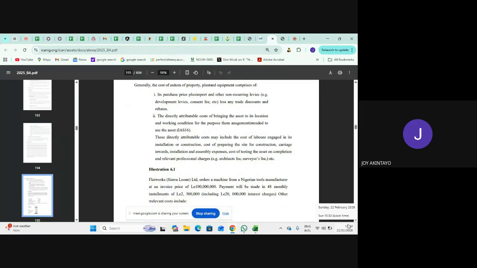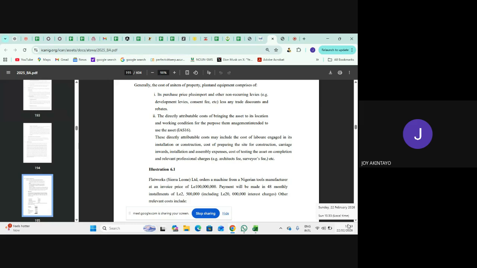Now, what are the other costs we will be looking at? Installation or construction cost, then cost of preparing the site for construction, the cost we incur to prepare the site for the asset construction, then installation and assembly expense, cost of testing the asset on completion, and the relevant professional charges.